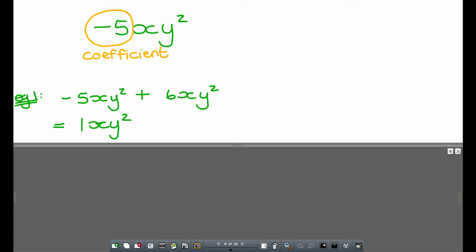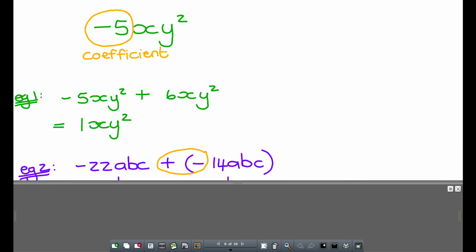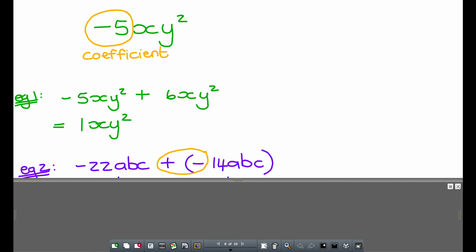Okay, right. So the next one, minus 22ABC plus negative 14ABC. First things first, are these like terms? Yes, they both have an A and a B and a C. So I am allowed to go and simplify. Now, I've got a plus and a minus next to each other, so that would be your first mark, to go and change that.